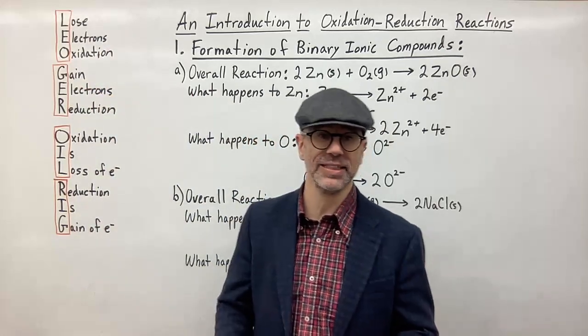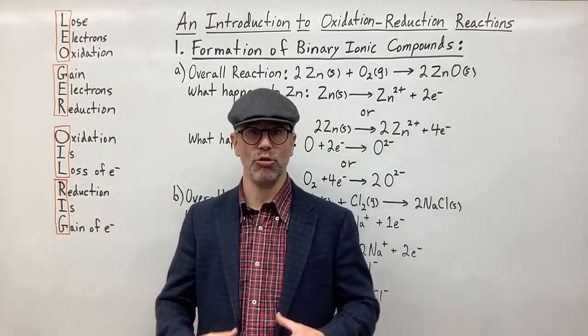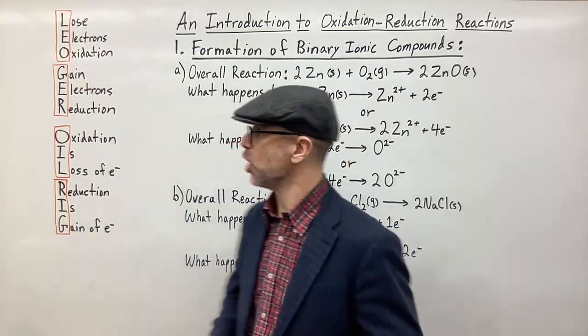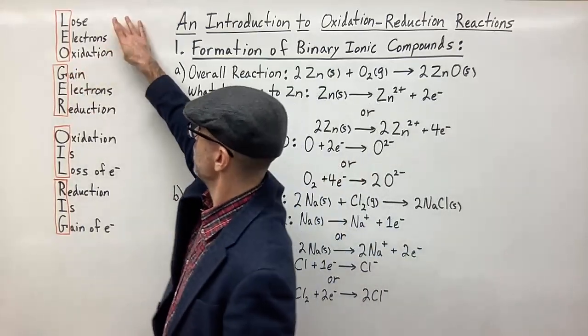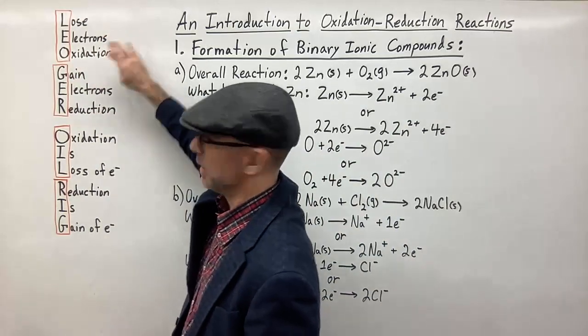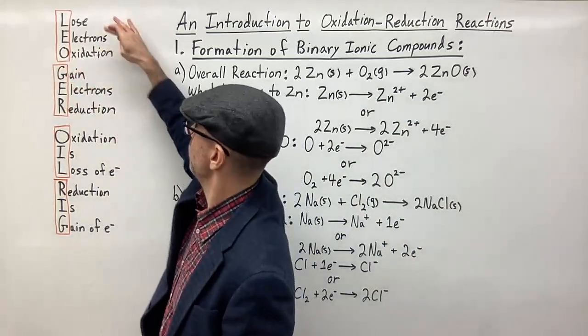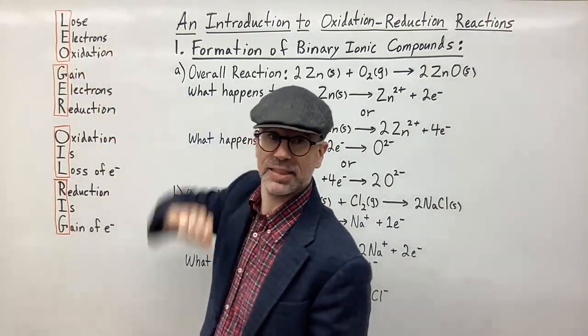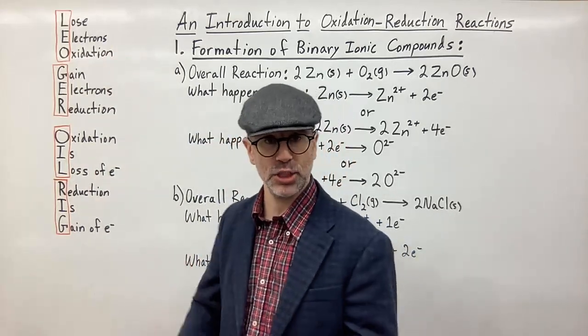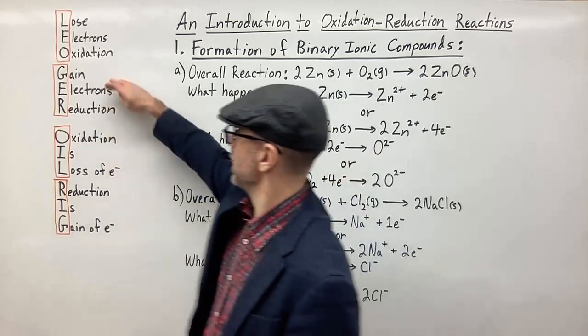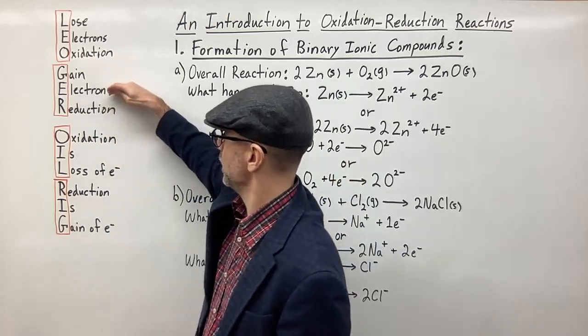You could think of this as Leo the lion goes grr, right? So what does Leo Grr stand for? Leo is loss of electrons, oxidation. So the loss of electrons is oxidation, right?